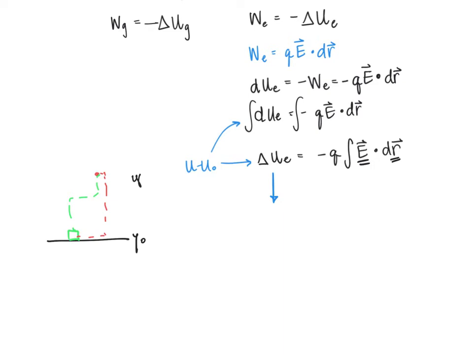And we've talked about before how we could define the amount of electric energy per charge that is available for a charge at a particular position, and we call that the electric potential.